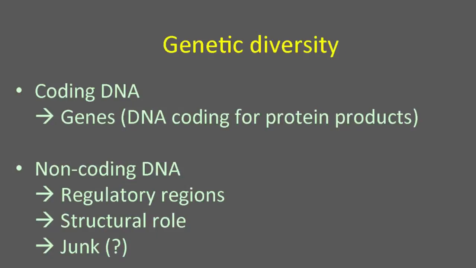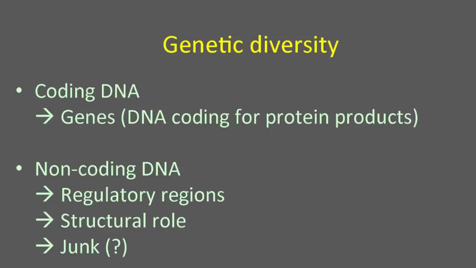An important part of the DNA consists of genes, regions that yield a protein product. But an even bigger part, in the case of humans even 98%, is actually not coding for genes, for protein products, but is non-coding DNA. This non-coding DNA can contain all kinds of regions.